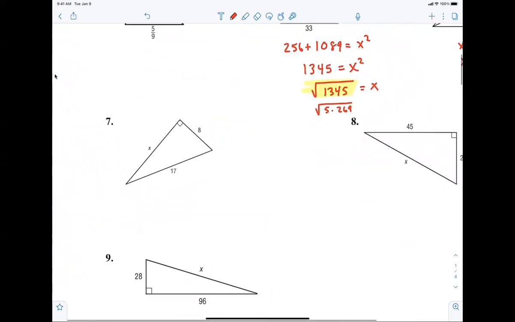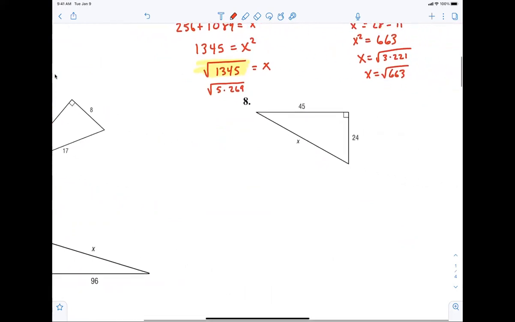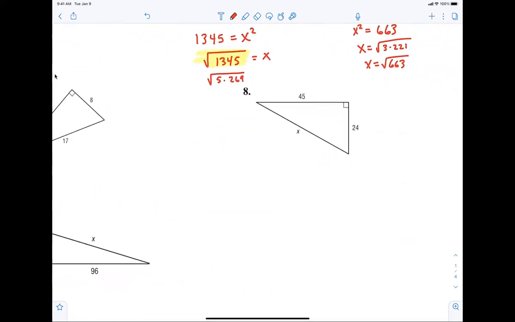Number 7. Is that a triple? Yeah, it's 15. Everybody see how nice that is, right? If you know the triples, you just write down the answer, 15. All right, over here, what do I notice? 24 and 45. 3 times what? 24 is 3 times 8.